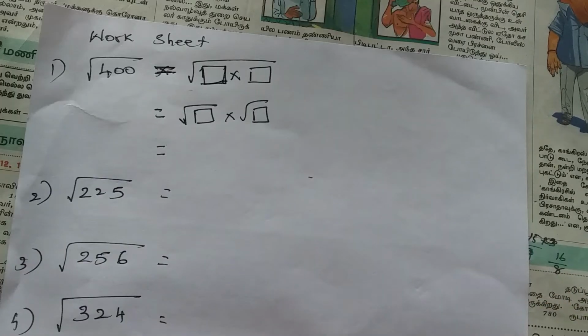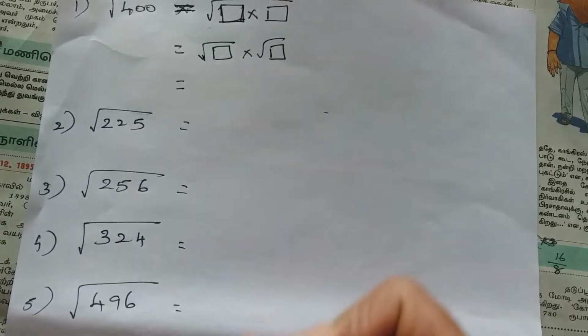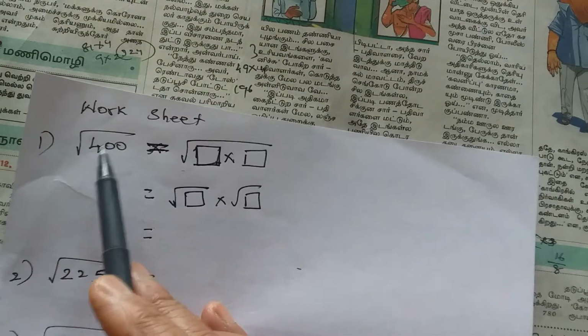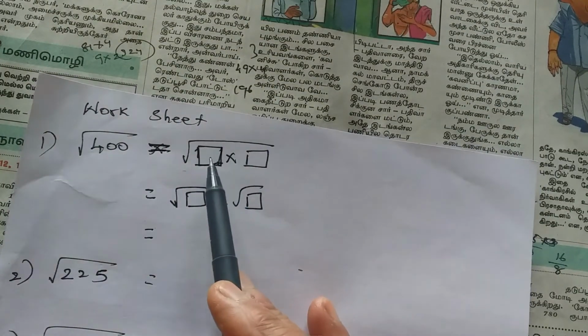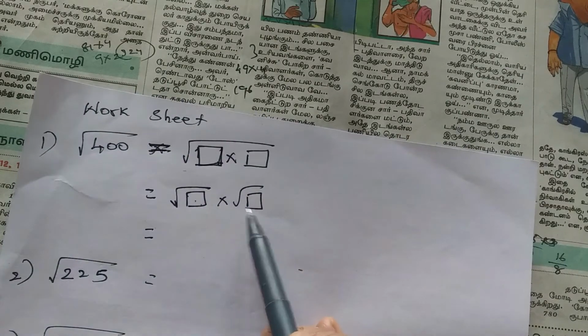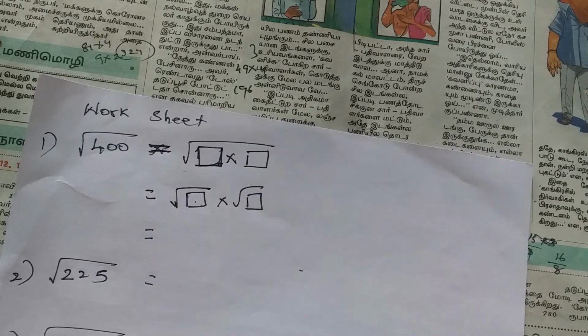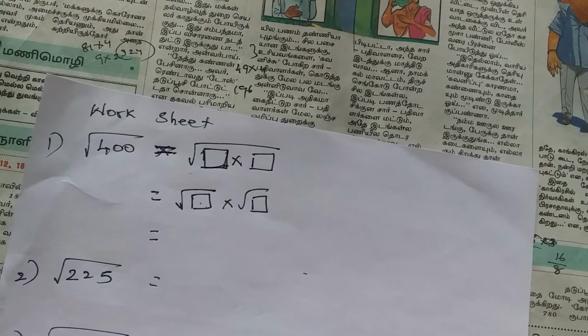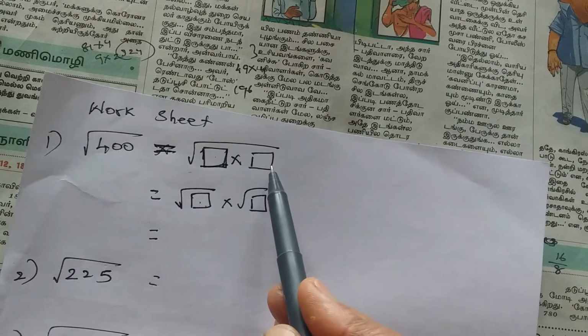Okay. Now your worksheet: I have given 5 perfect squares. You split this 400 into 2 perfect squares. Then find the square root of each number, then multiply and get the answer. For example, I'll give you 4 into 100. 4 is a square number, 100 is a square number.